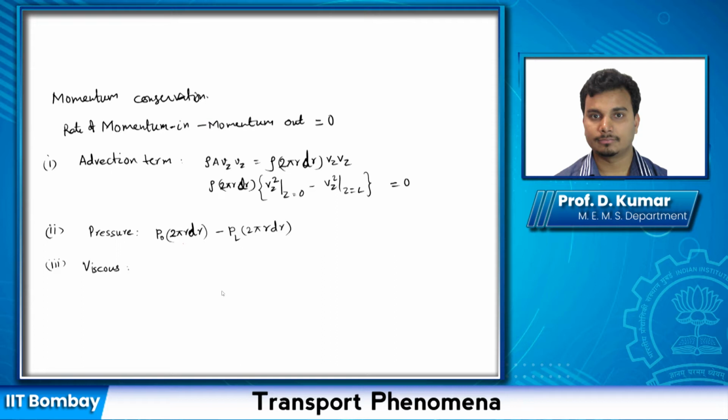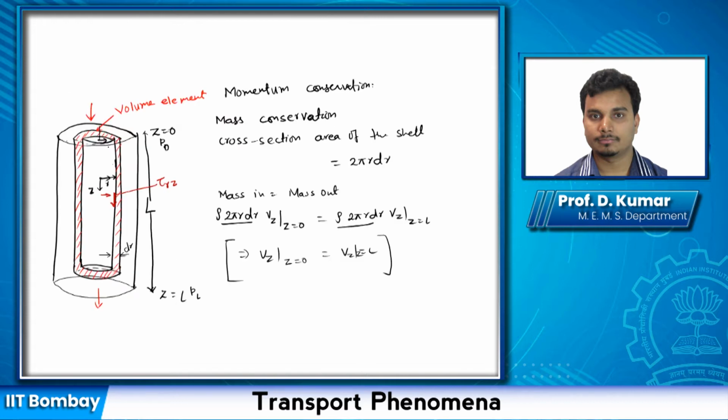So this will be tau RZ times the area. Now the area is not this cross section area; rather for shear stress, we need to take the area parallel to the force. So now this area will be what?